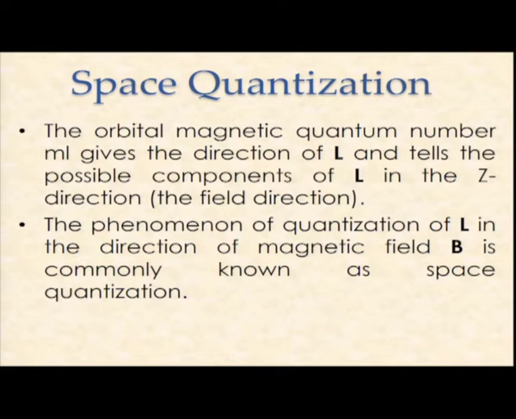So, the orbital magnetic quantum number gives the direction of L and tells the possible component of angular momentum in the field direction. The phenomenon of quantization of L in the direction of the magnetic field is commonly known as space quantization. This is how space quantization can be learnt.